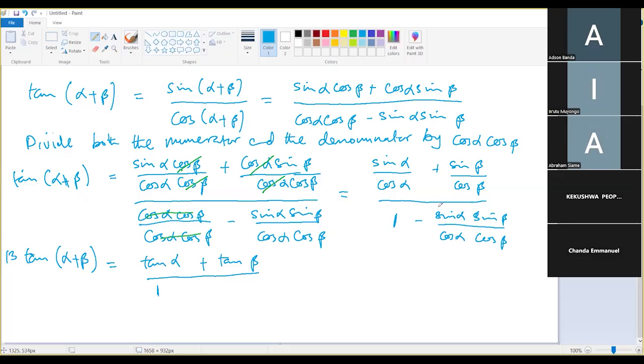If you look at this term, sine alpha divided by the cosine of alpha is just the tangent of alpha. And then sine beta divided by the cosine beta is also the tangent of beta. Right, so this gives us that particular identity, which is identity number 13.